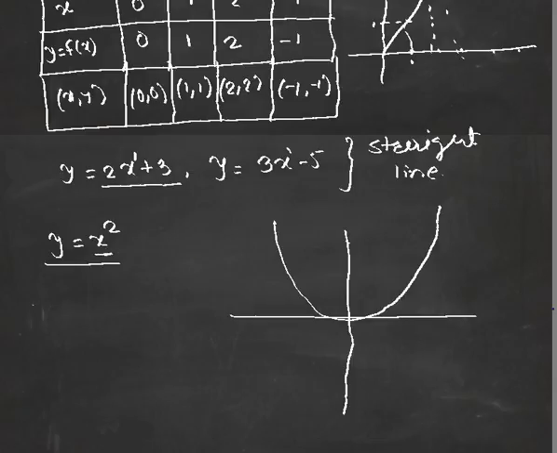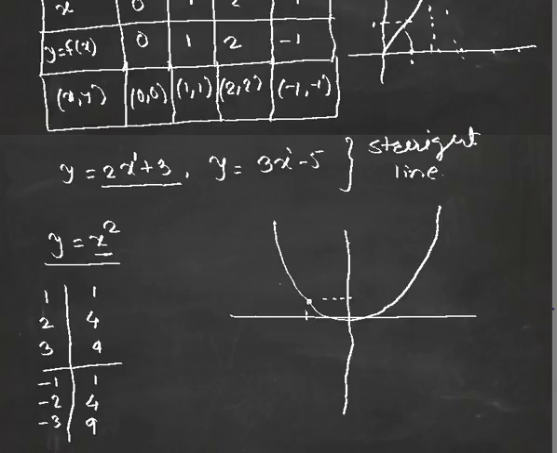Because it is x square, if we take 1, it will be 1. If we take 2, it will be 4. If I take 3, it will be 9. Similarly, if I take minus 1, it will be plus 1. If I take minus 2, it will be plus 4. If I take minus 3, it will be plus 9, because a square is always positive. So these are the values.